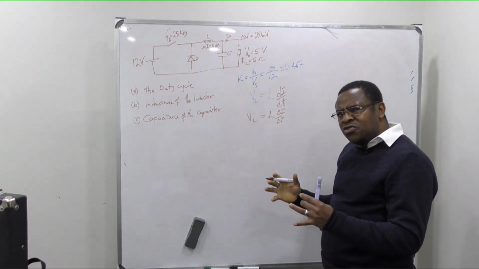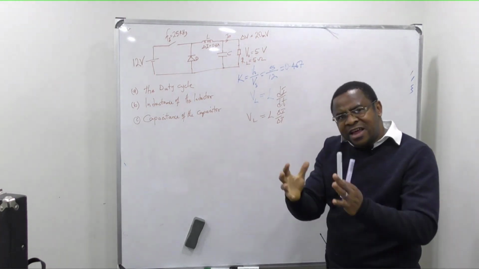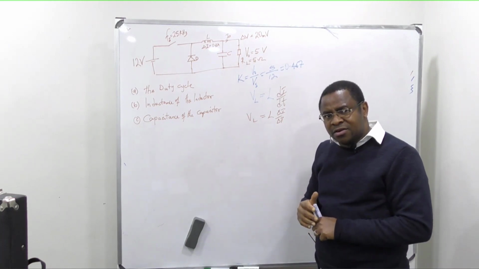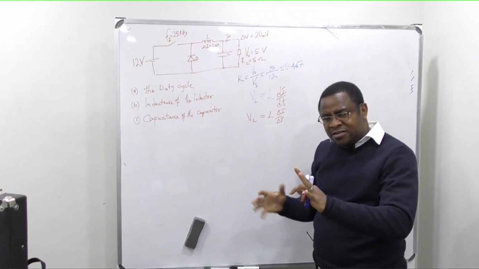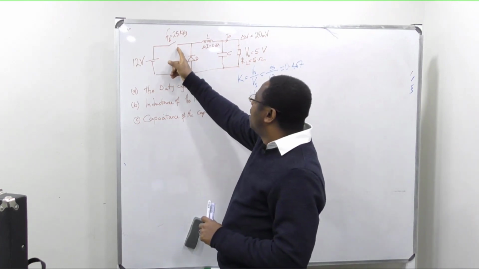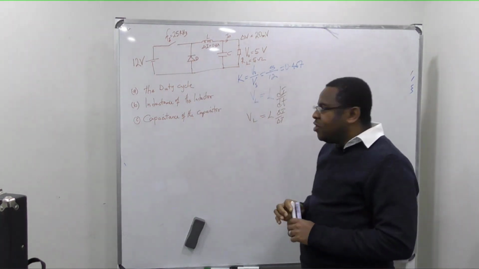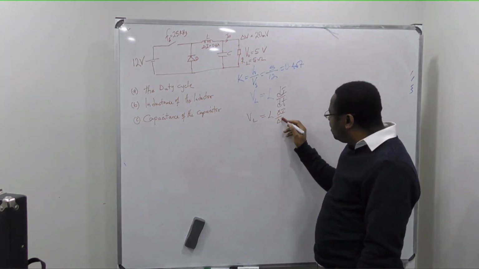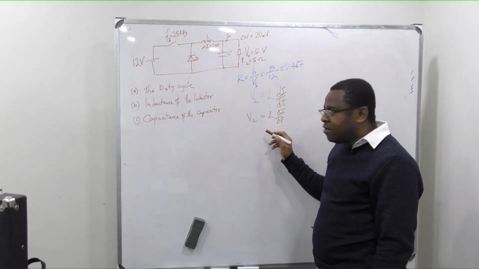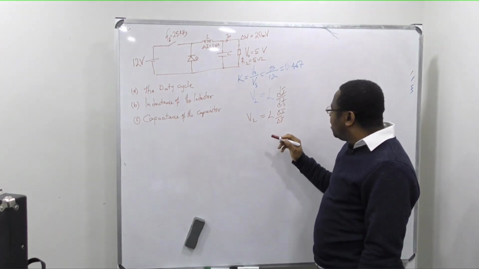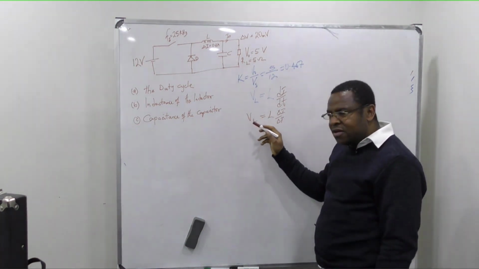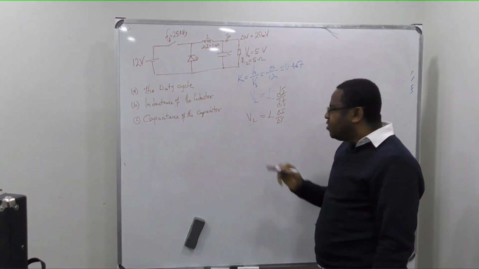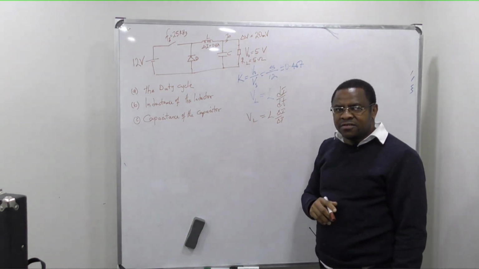So now let's look at the different states of this buck converter or buck regulator: the on state and the off state, when this switch is on and when it is off. At the time the switch is on, I will use T on, so that I have the voltage across the inductor, and I can use it with the ripple current to calculate the inductance.